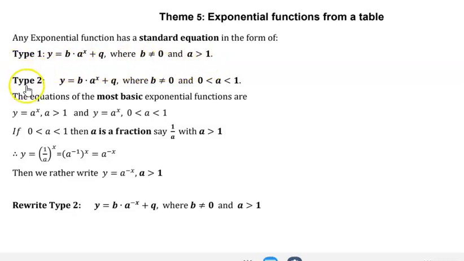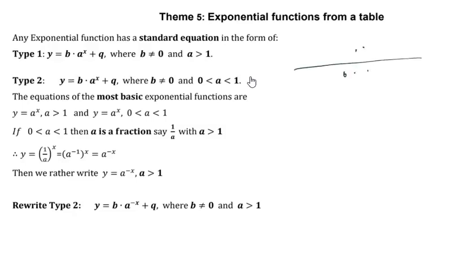Then we have another type, type 2, where a is in between 0 and 1. We will never consider negative a's because otherwise we will have, for instance, minus 1 squared, which is plus, and minus 1 to the 3, which is negative. So the function will jump.